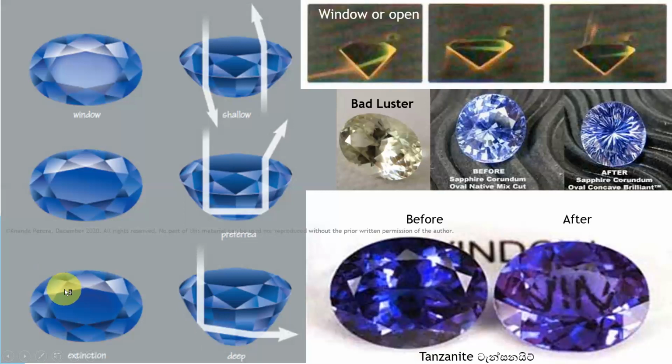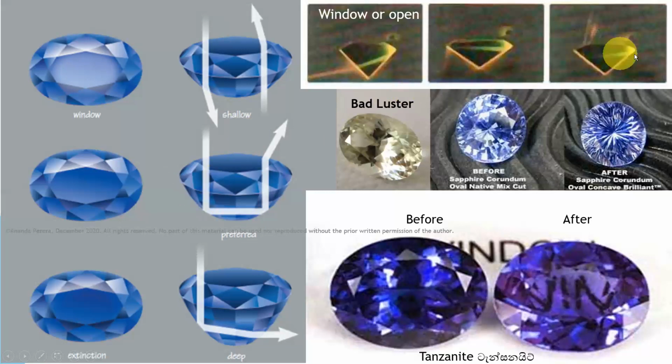So first and third are wrong. The second one is the correct one. Correct cut. Light goes through the table, reflects to the other side and again reflects to the table and goes there. Then the light comes with the color of the stone to our eye. This is the perfect cut.